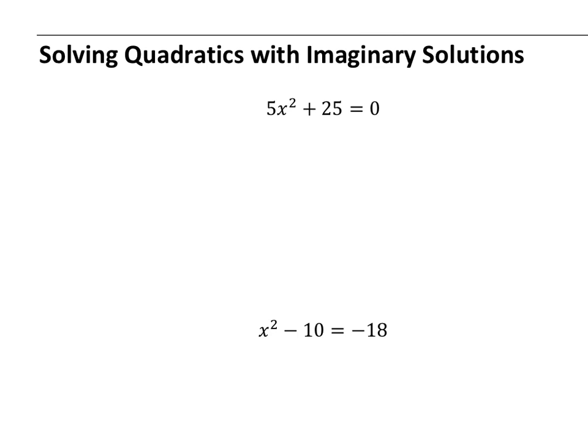When we graph them, like I showed you at the beginning of class, you can't use a graph to solve because they're going to look like this, where they don't cross the x-axis. So we have to know algebraically how to solve these for their imaginary solutions. I'm only going to do problem number 2 again for time's sake, so you have a really nice example and I can go slow. But if you want to see that first example, it's on the notes.